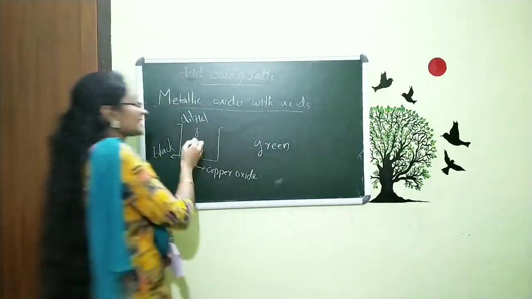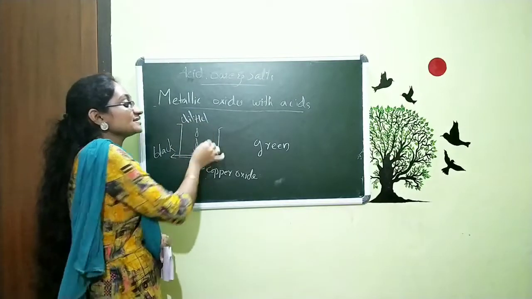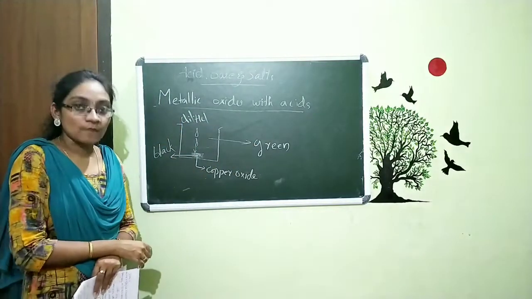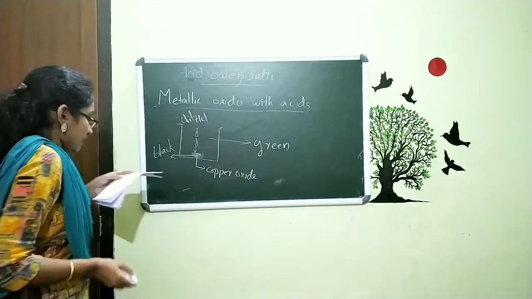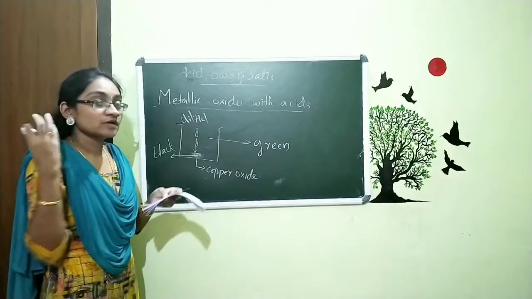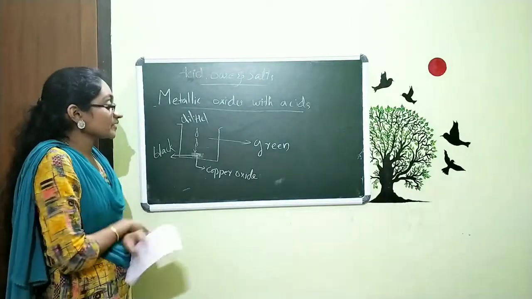The colorless hydrochloric acid turns green by reacting with this copper oxide. They form a particular type of salt, and that is copper chloride.